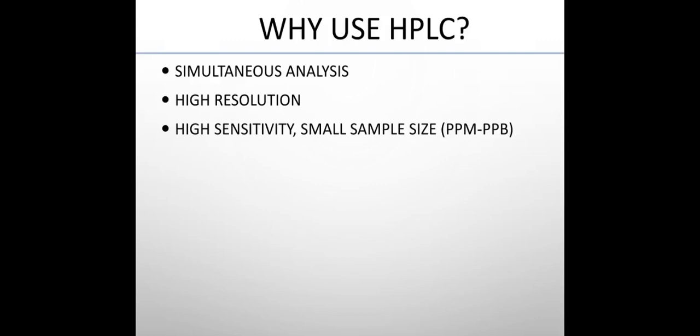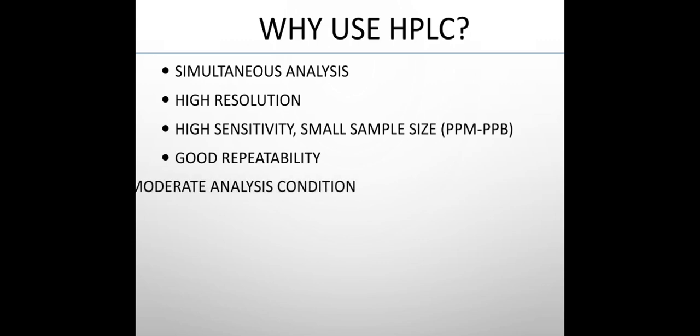That means we can analyze a sample in the quantity of ppm or ppb, that means parts per million or parts per billion. It has very good reproducibility, that means results can be reproduced. Then next, it is a modern analysis condition.